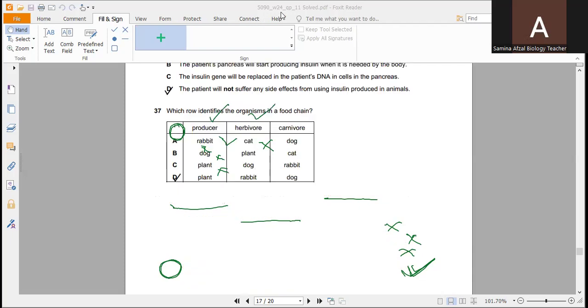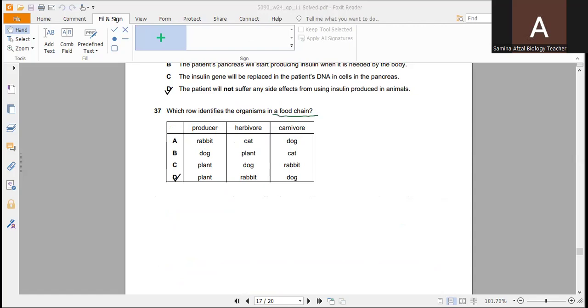Which row identifies the organisms in a food chain? In a food chain, the organisms in an ecosystem depend on one another for food. A food chain always starts from the producers.